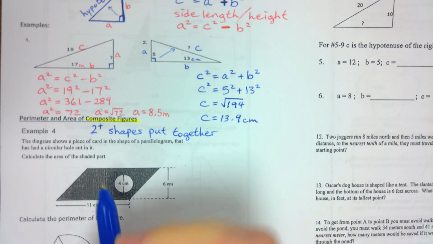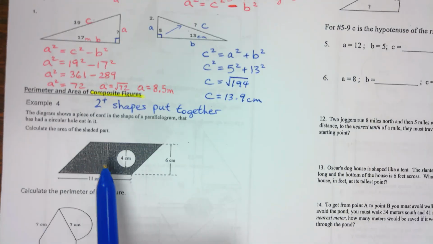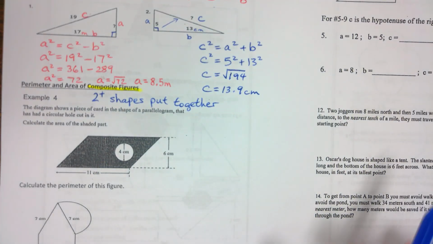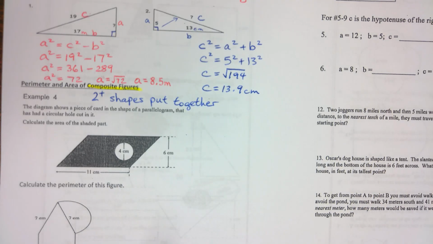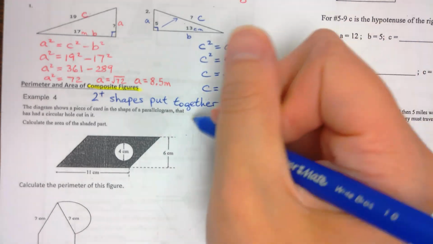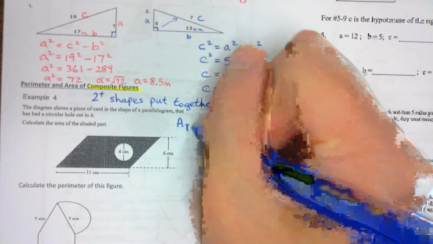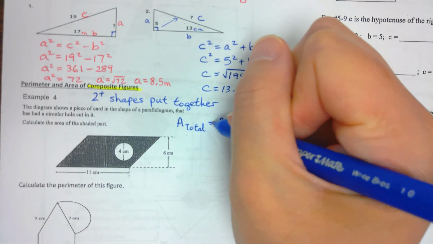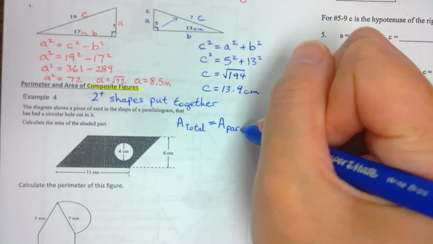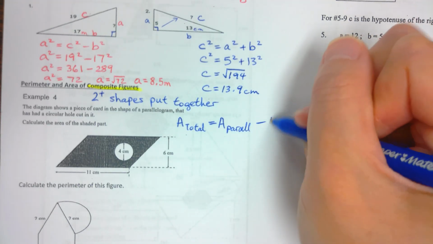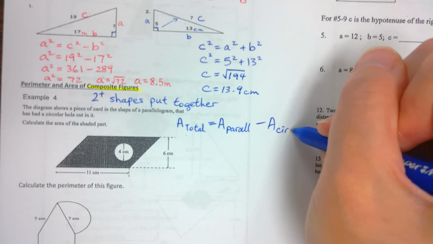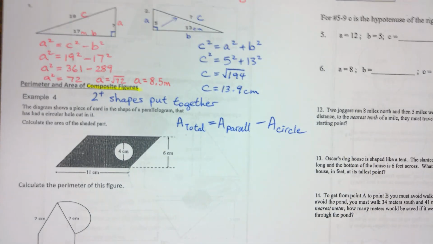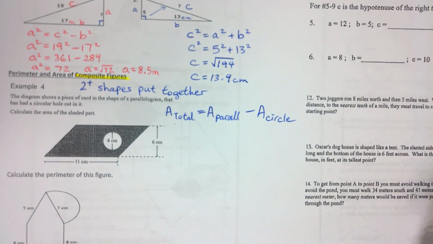So right here, if I want to find the shaded part, what shapes do I see? Yeah, that's it. So if I want to find the area of the shaded part, I just use the area of the parallelogram, take away the area of the circle. Right?